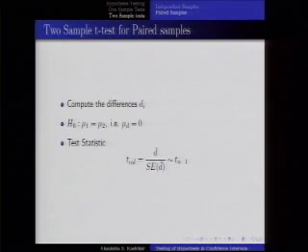It can be translated as mu d equal to 0, that the mean of the difference is 0, because if there is no difference, it means the mean of the difference is 0. And so our test statistic becomes d bar upon standard error of d bar, and it follows again a t distribution with n minus 1 degrees of freedom.